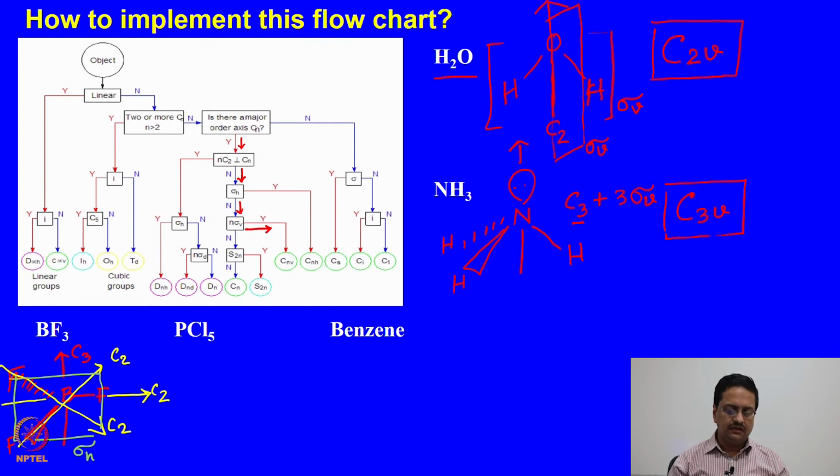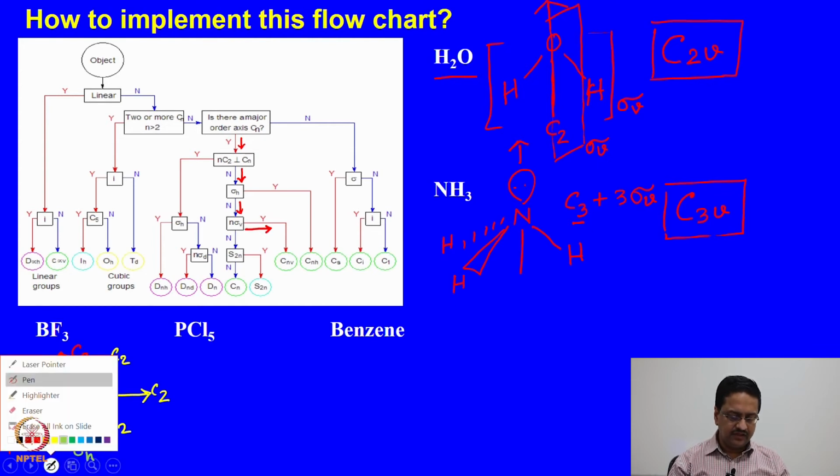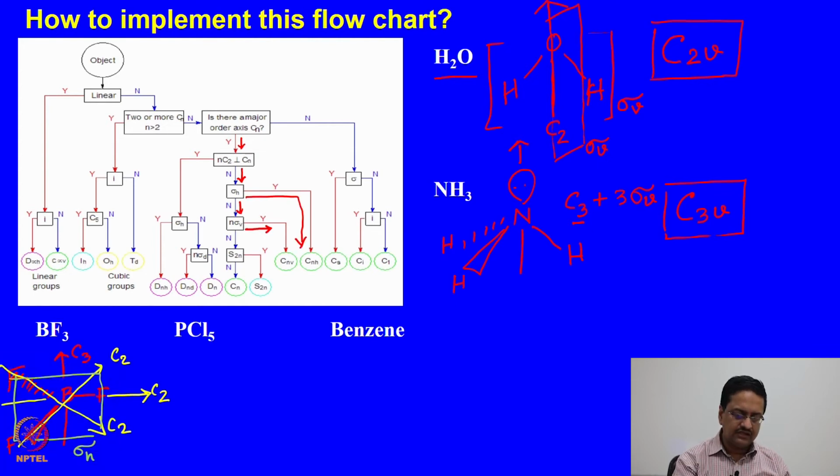Therefore, the point group of this molecule should be, from there we come down this way and then we come down this way. In this case we have n number of C2s perpendicular to C3, so 3 C2s perpendicular to C3. We come to the left, we have asked a question, this is sigma h, and that sigma h makes it Dnh, that is D3h.